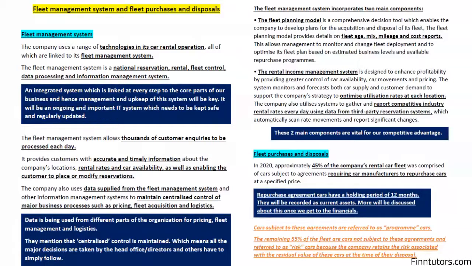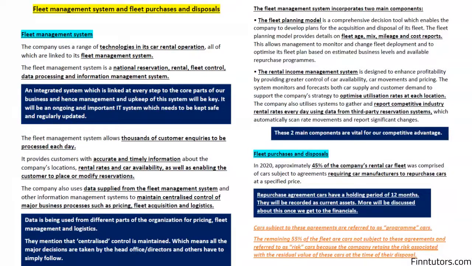All of this data is gathered in the fleet management system, and it is supplied to maintain centralized control of major business processes. All of this data is combined, and then pricing decisions, fleet acquisition decisions, and logistics decisions are made. So the system is gathering data on which your pricing, fleet acquisition, and logistics are based. It is key. And all of this data is centrally controlled.